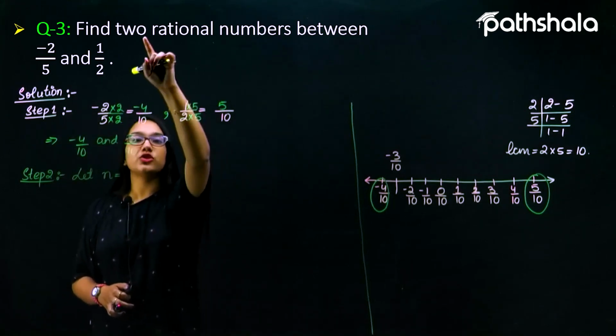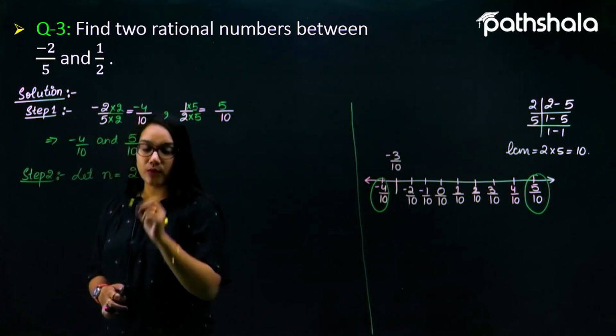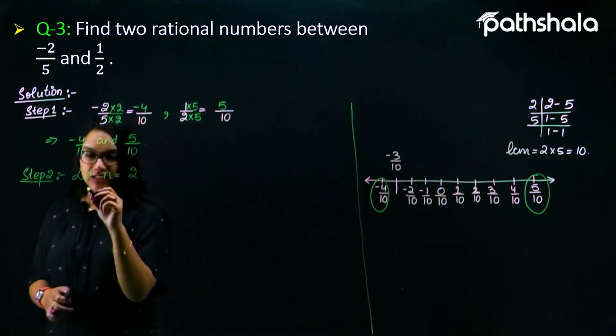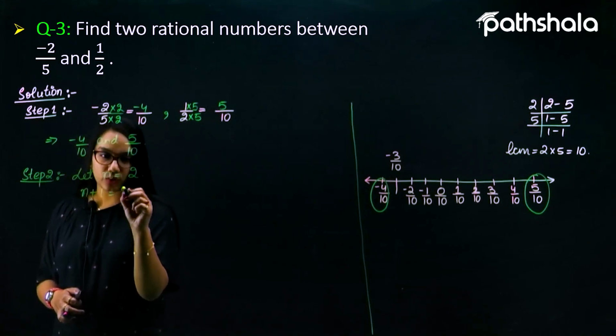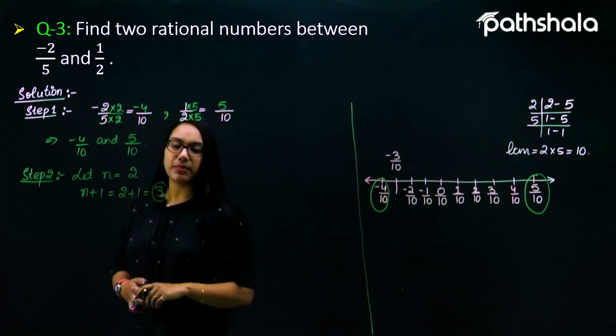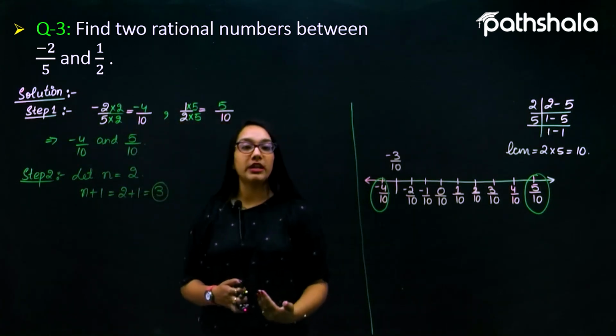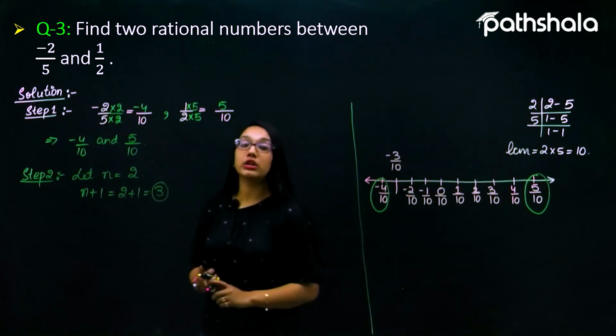According to the question, we need two rational numbers, so n will be 2. Now add 1 on both sides: n plus 1 equals 2 plus 1, which is 3. Now we have to multiply 3 in the numerator as well as in the denominator.